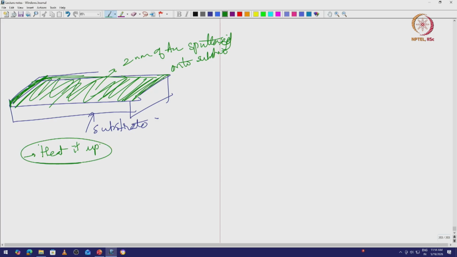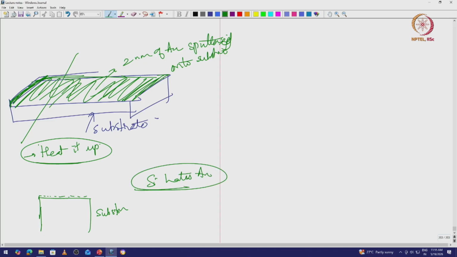But in general, when I put 2 nanometers of gold on the substrate, now I am taking a cross section of it and trying to see what happens. There is supposed to be a continuous film of 2 nanometers, but 2 nanometers of gold typically does not form continuous films, especially on a substrate like silicon. That is because silicon hates gold, in the sense that gold wants to form droplets. Gold does not form a proper wettable surface.